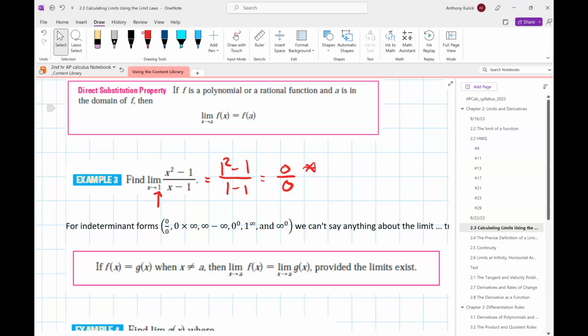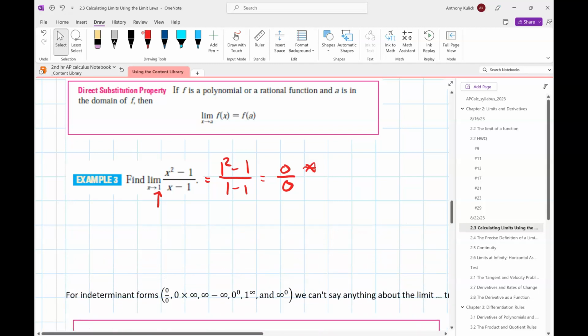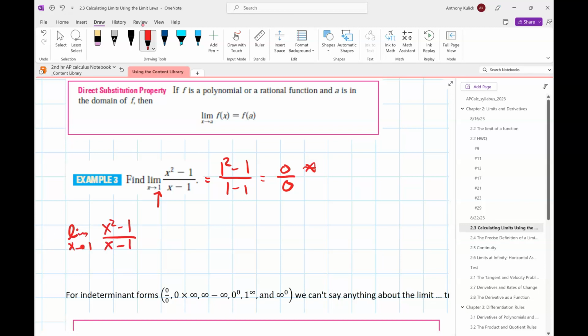So we need a different method to go about doing this. What is our different trick going to be if we run into something like this? Isabel? Can't we factor the top? Yeah, so we'd have to do some kind of algebra.